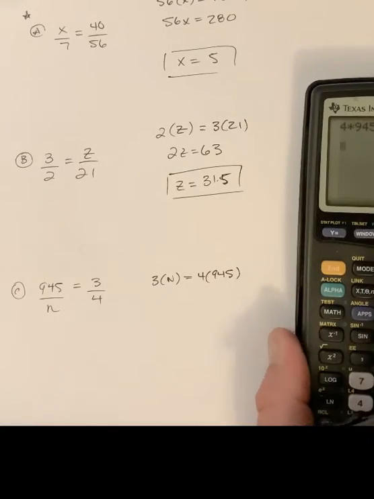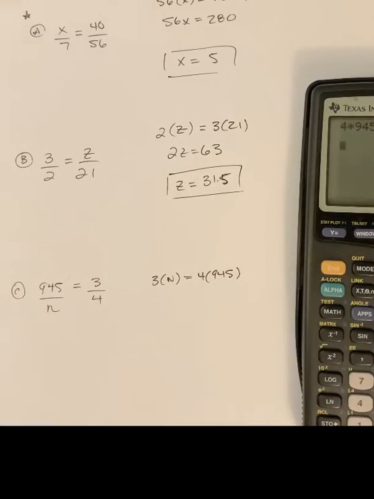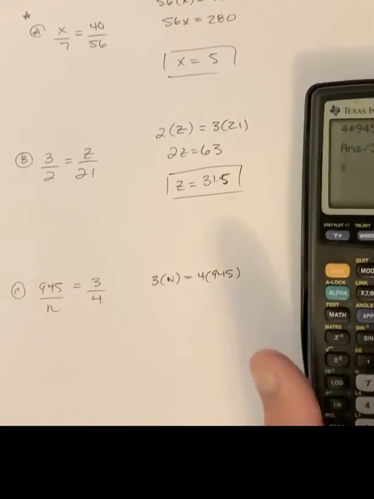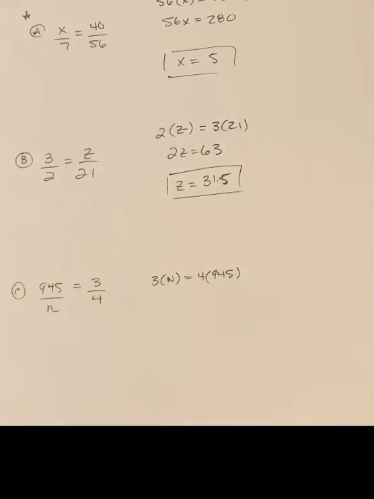All right, 3780, huge number. We're going to divide it by 3. But remember our rule real quick. 3 plus 7 plus 8, you add all that up. That looks like you're going to get 18 there, right? So this must be divisible by 3. Hey, how about that? It worked out. So it looks like we're going to get 1260 there.